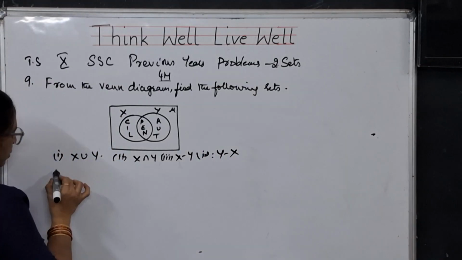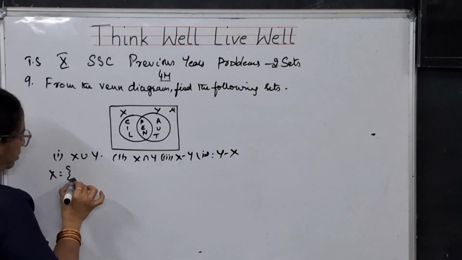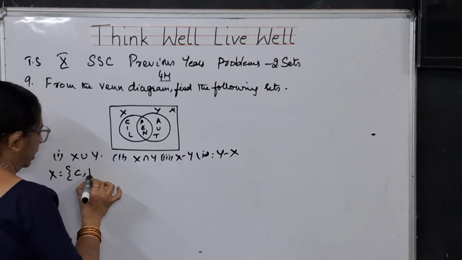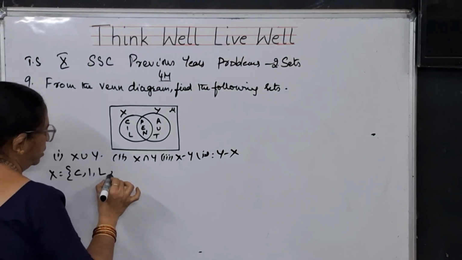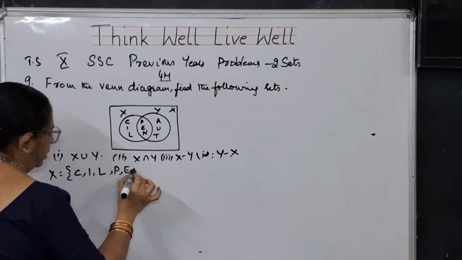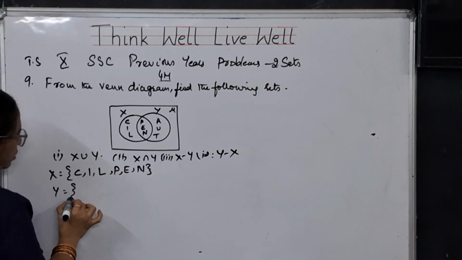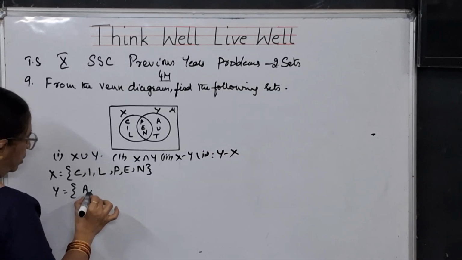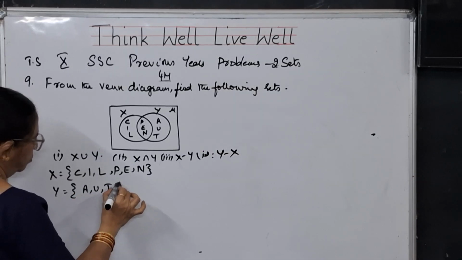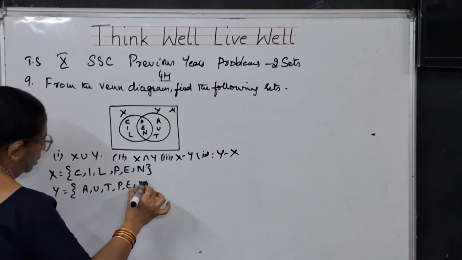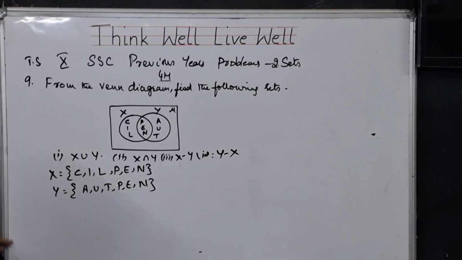That they are asking. So let us write what are the elements in set X: C, I, L, P, E, N. All these are in set X. Set Y: A, U, T, P, E, N are here.